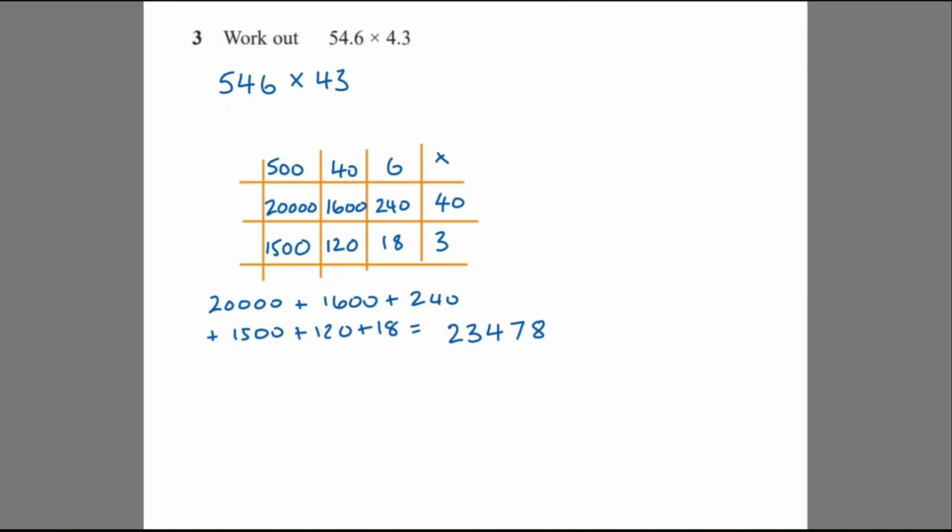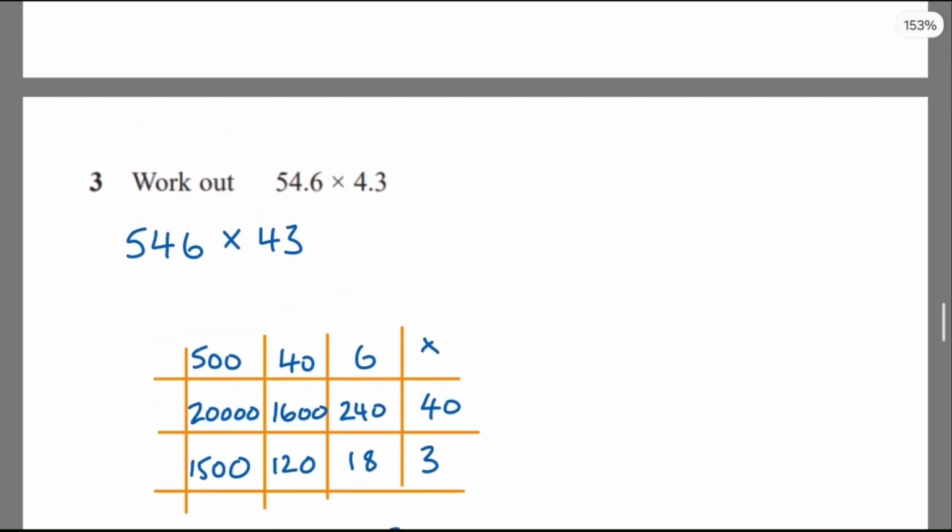The first mark is for some sort of multiplication calculation, and the second mark is for getting the correct digits. So we're looking for the digits 2, 3, 4, 7, 8. The last mark is for putting the decimal point in the correct place. One of the ways to do this is to use something called decimal places. If we go to the original question, you can see the number of decimal places.